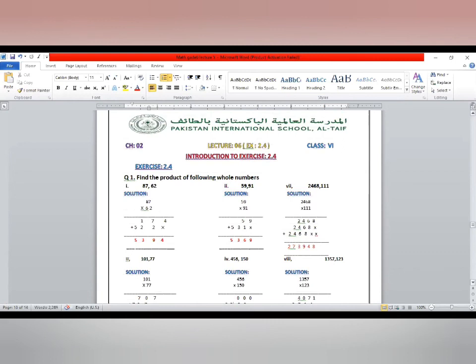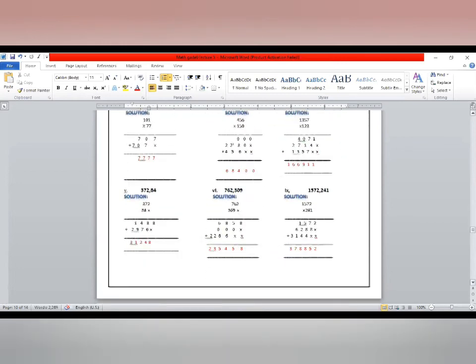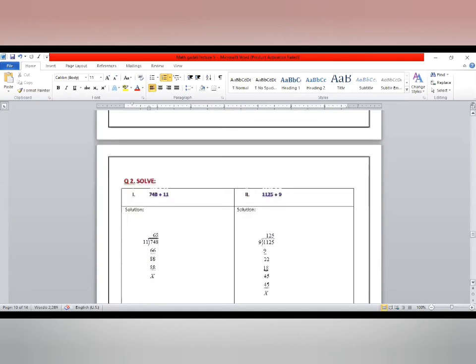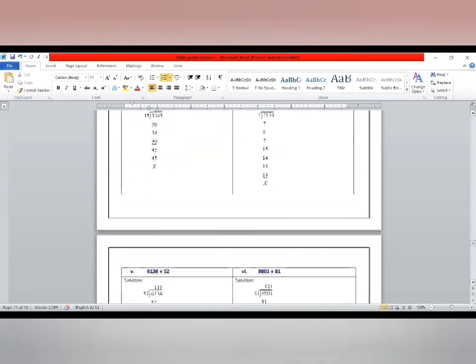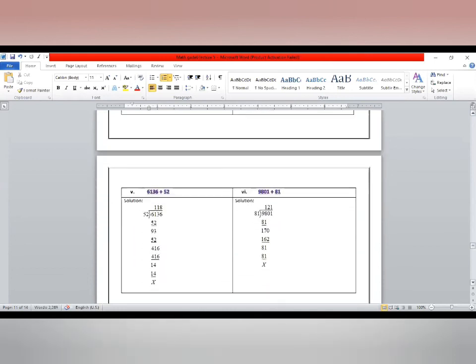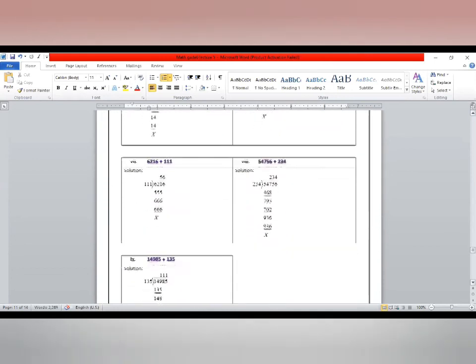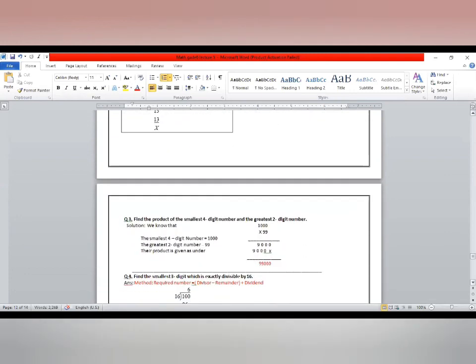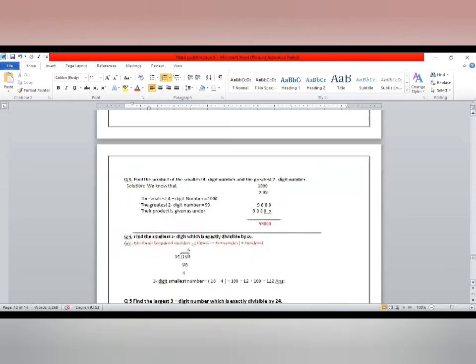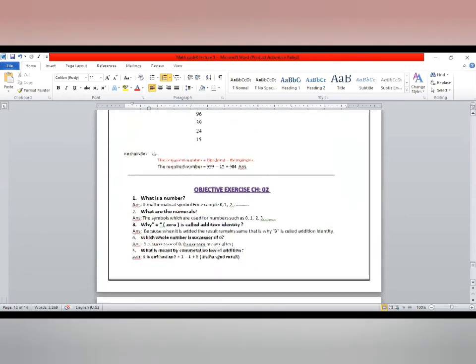Here question number 2 is about division, and this is very simple division. After that, word problems belonging to the product, and we must be clear about the smallest and greatest number also. Alhamdulillah, they are also done.